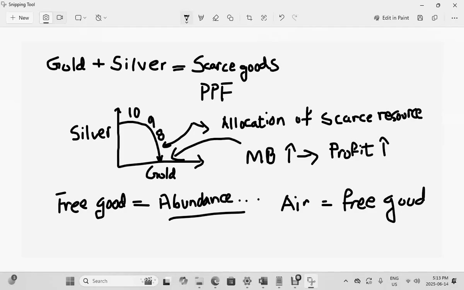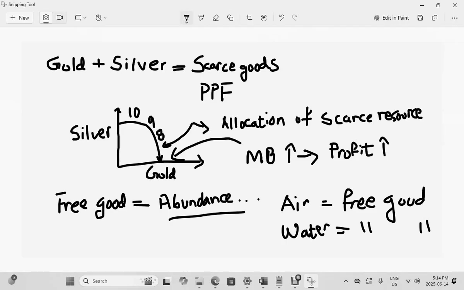So drinking water will be scarce in this case, but water in general is a free good. Likewise, you have other commodities, raw materials, and elements on the periodic table which are available in abundance, and carbon is one of them, for example. So this is basically the difference between something that is scarce and something that is available in abundance.